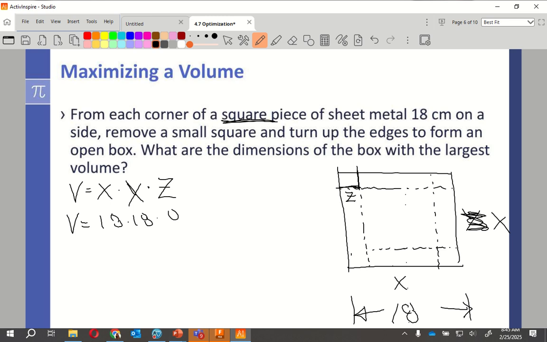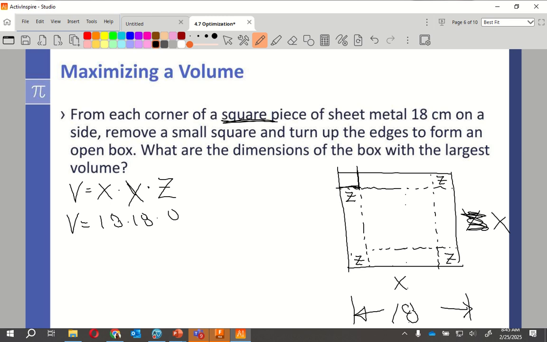So that means we have to cut something away to be able to get a volume. I gave this a z value. The whole side is going to be 18, but I'm going to cut away z, and since this is a square, all these z's are the same.